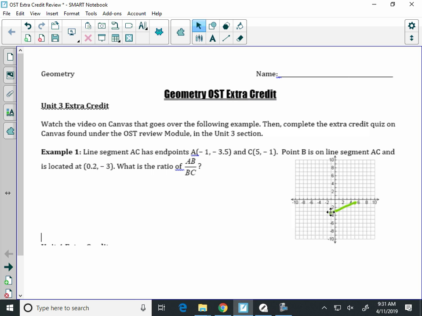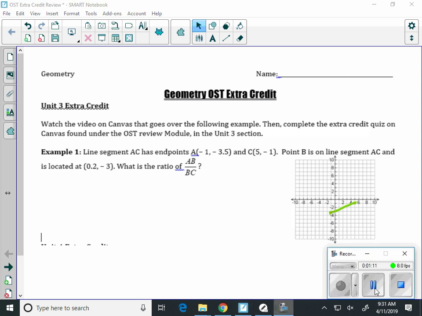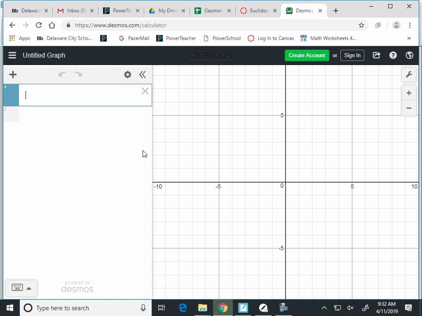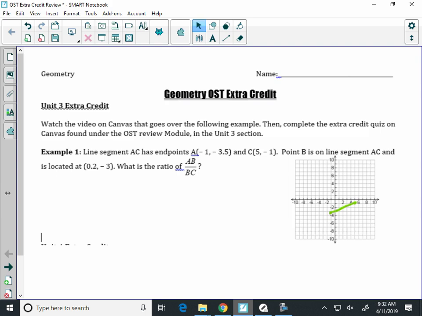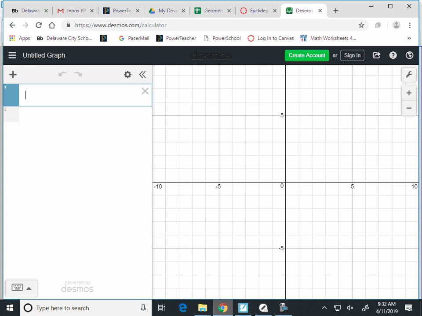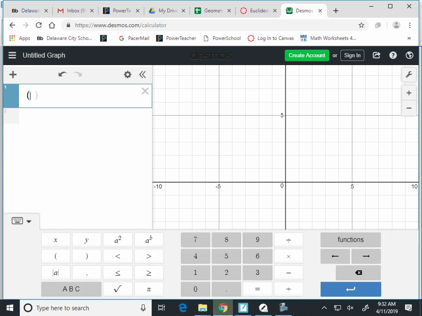What is going to be really helpful with this type of problem, particularly because there are decimals, is to use decimals. So in decimals, we're going to plot those points they originally gave us. Okay, we're going to plot (-1, -3.5). And you have to put parentheses, -1, comma, -3.5.